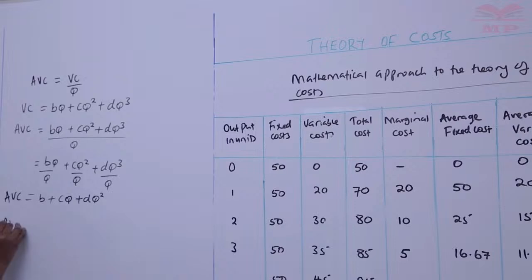Then how do we calculate average total cost?